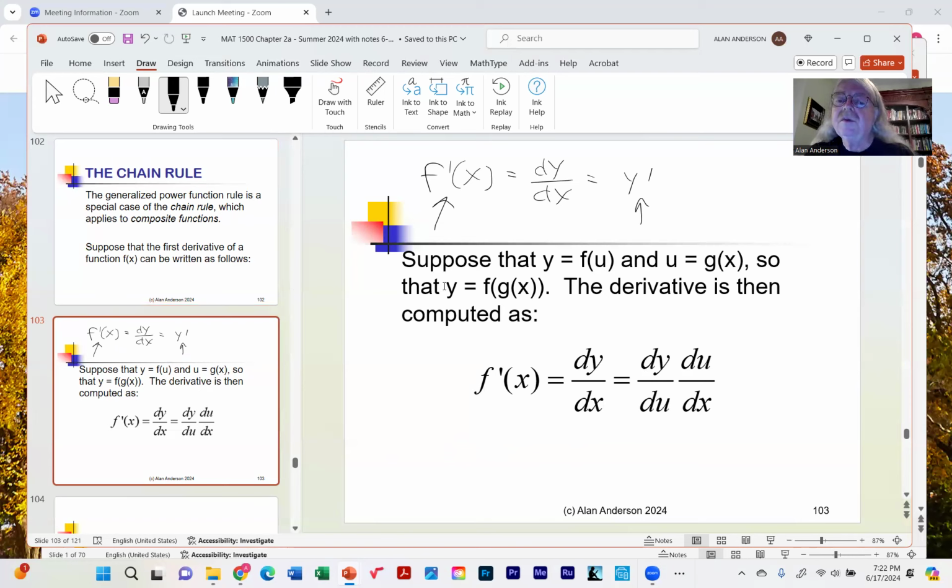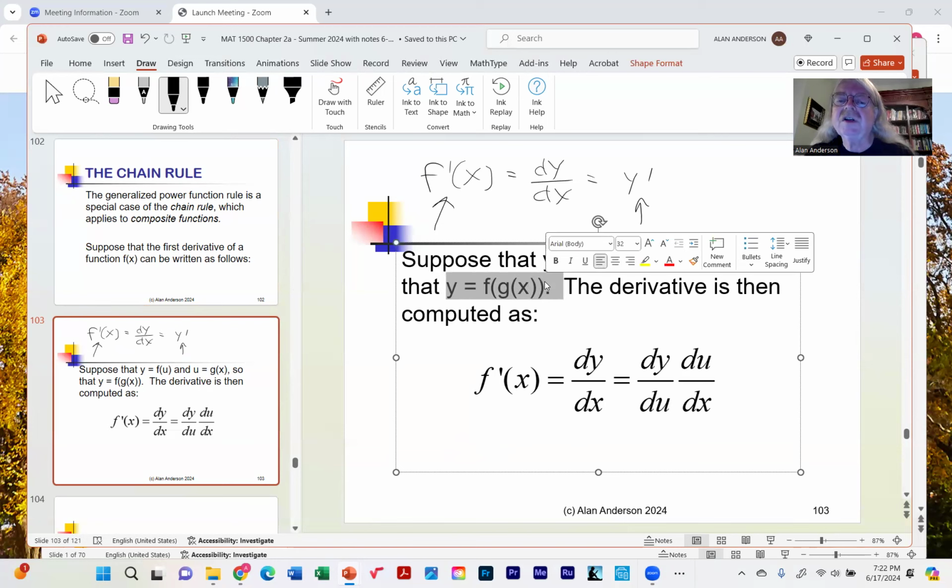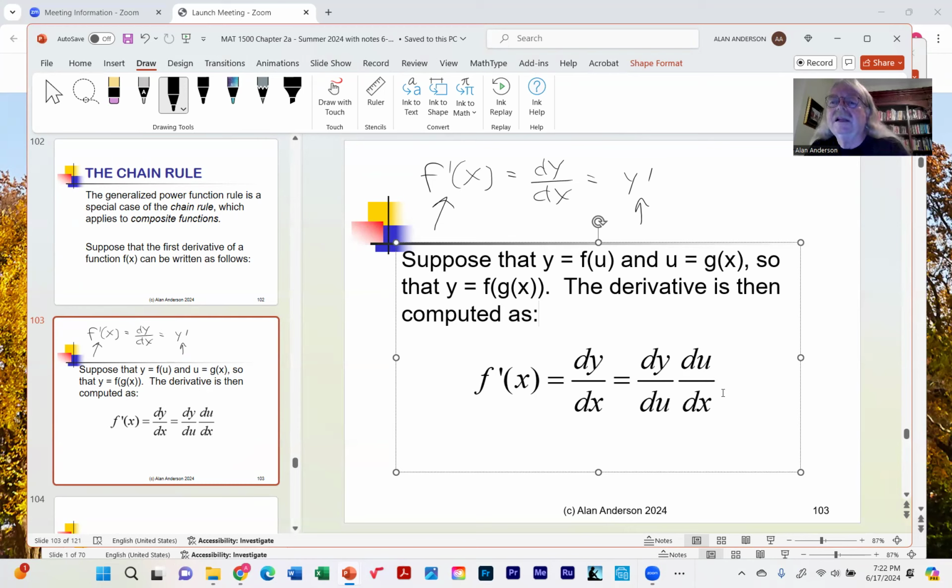So we've taken a composite function and written it in a slightly different way.